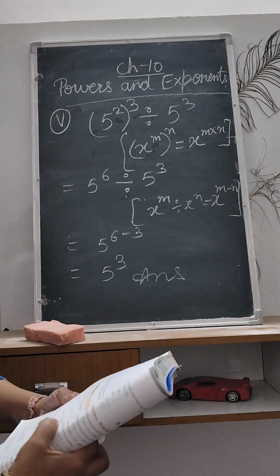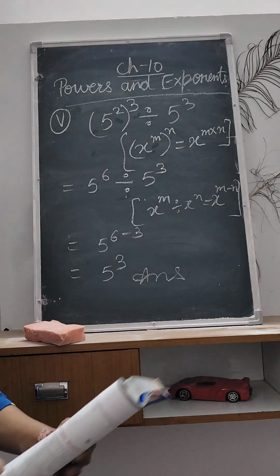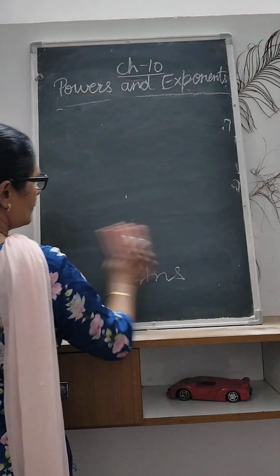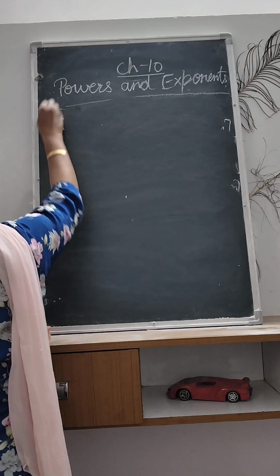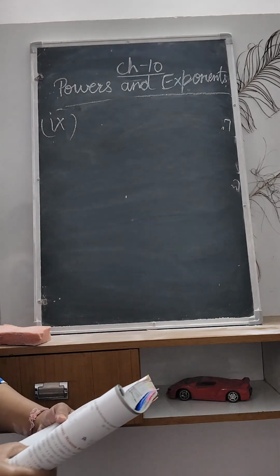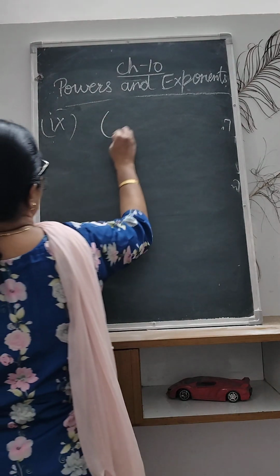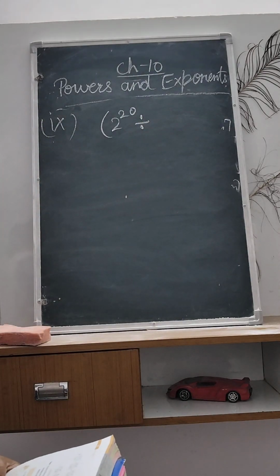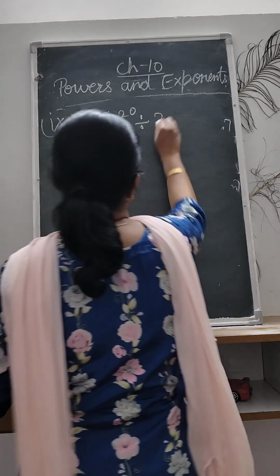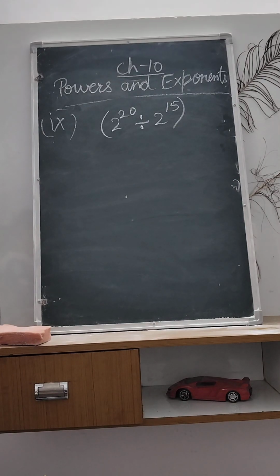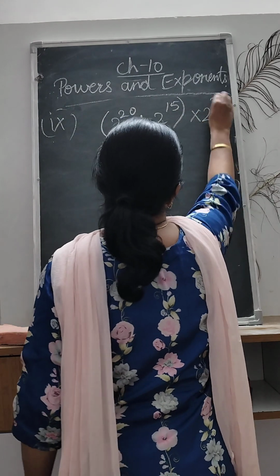Okay students. Now we will do one more part, ninth part of this exercise, of this question number 1. Now students, ninth part if you see, it is written 2 raised to power 20 division with 2 raised to power 15, and here multiplied by 2 raised to power 3.